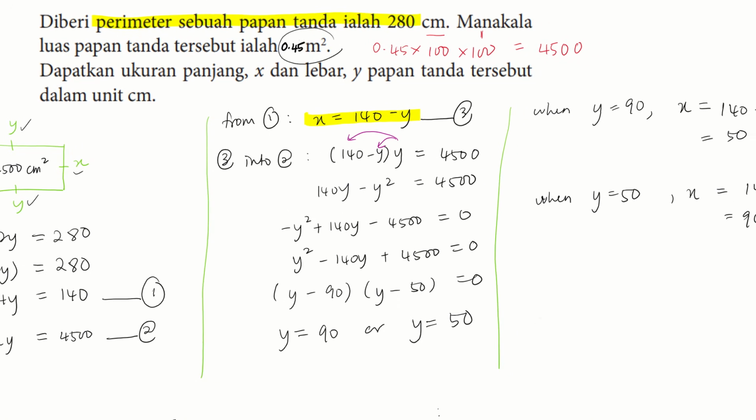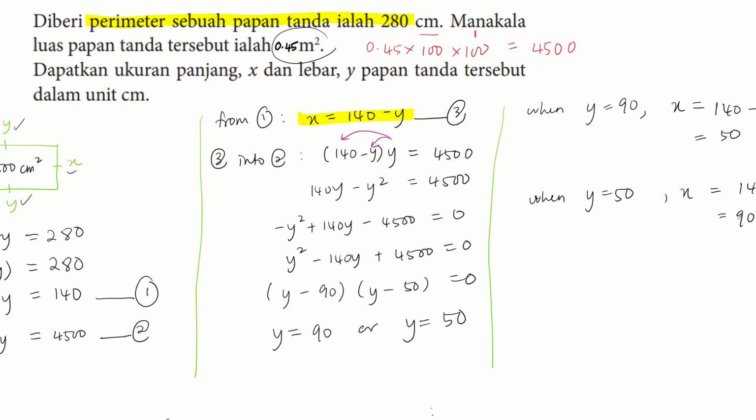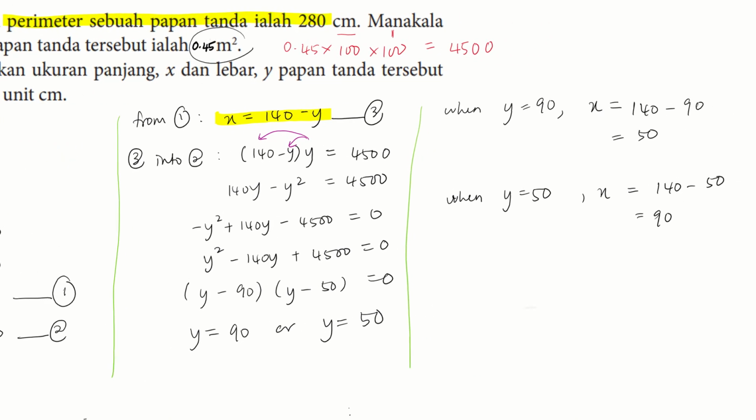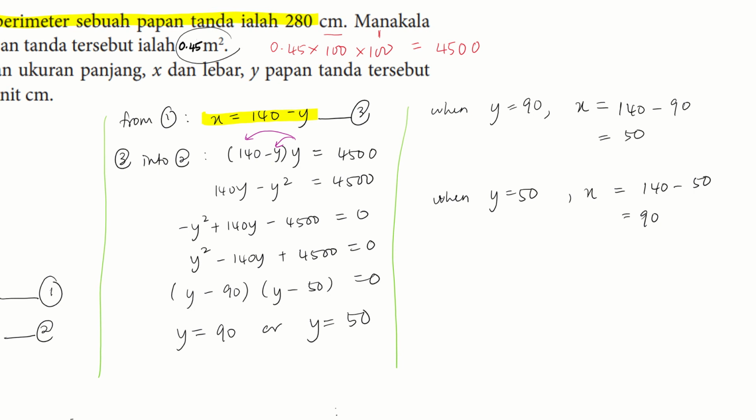So the question asks you to find the length and the width. So the solutions are, it could be the length equals 90, or x first. Okay, because panjang dulu baru dia nak lebar.